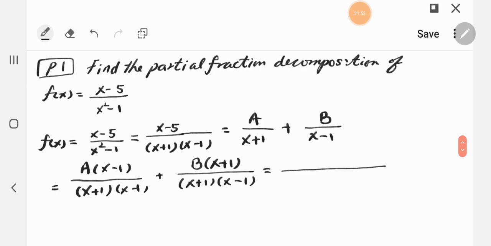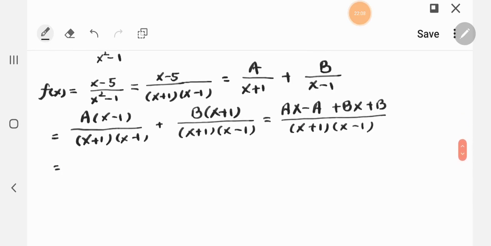Then the numerator will be ax minus a plus bx plus b. And the denominator is unchanged. Okay, then combine the like terms in the numerator. So the coefficient is a plus b x, and then minus a plus b is the constant part.